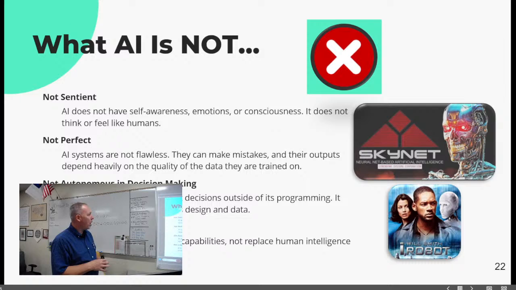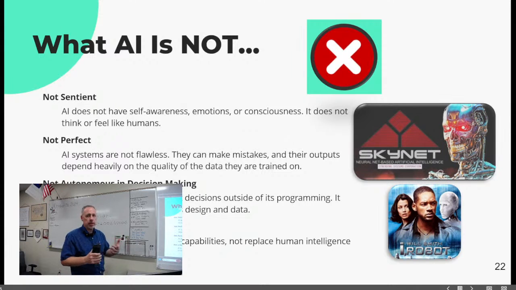All right. What it is not. Here's my guy right there, Skynet. It's not Terminator. It's not iRobot. It's not perfect. They're not flawless. Again, it still takes human intervention for the output that they're trained to do. They're not autonomous in decision making.